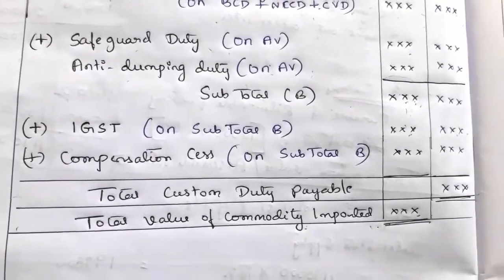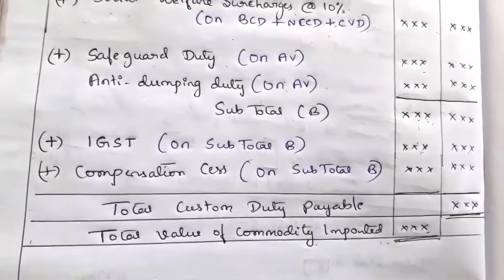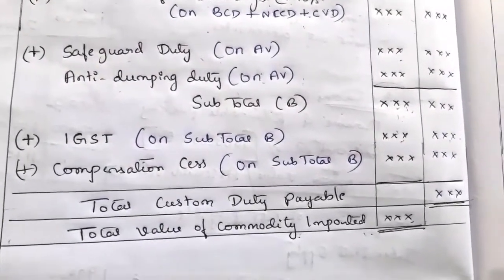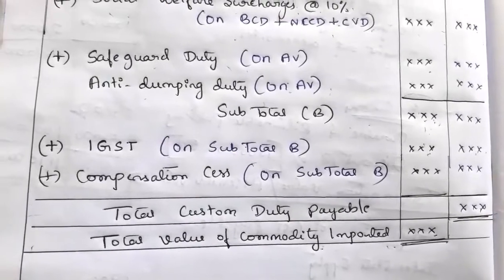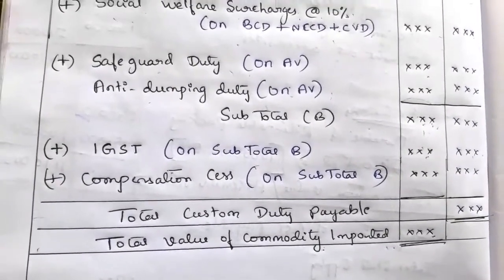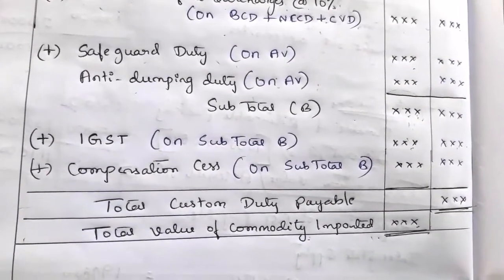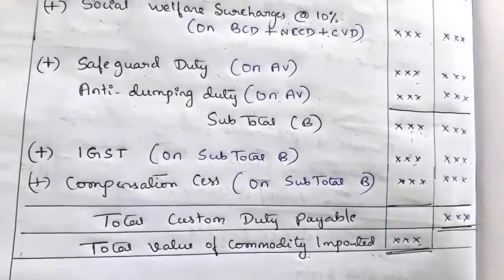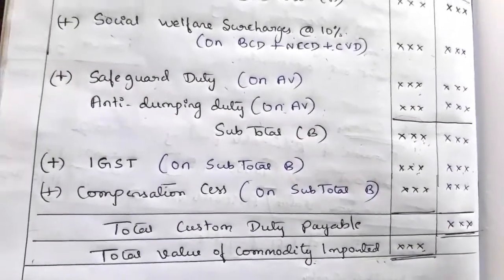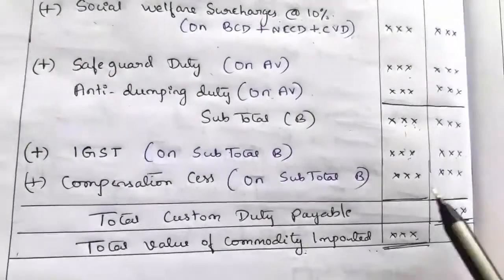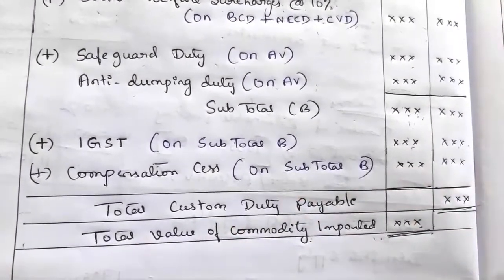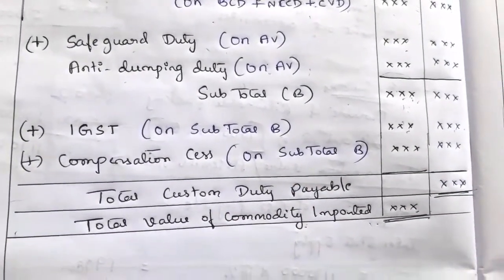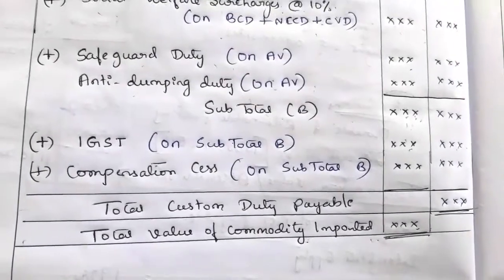If any state has incurred losses due to the implementation of GST, then to compensate those losses, the compensation cess will be levied on the import. This tax revenue will help to compensate the states for loss of revenue.